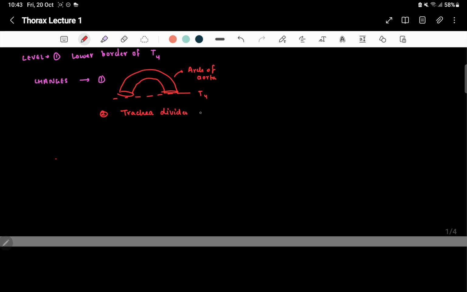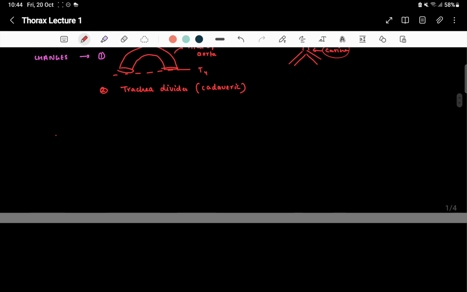This is also called your carina. You must have heard the point where trachea divides is called your carina. Okay. In cadaver, this is the cadaveric level. But practically T5 and T6 are the levels where the trachea divides.